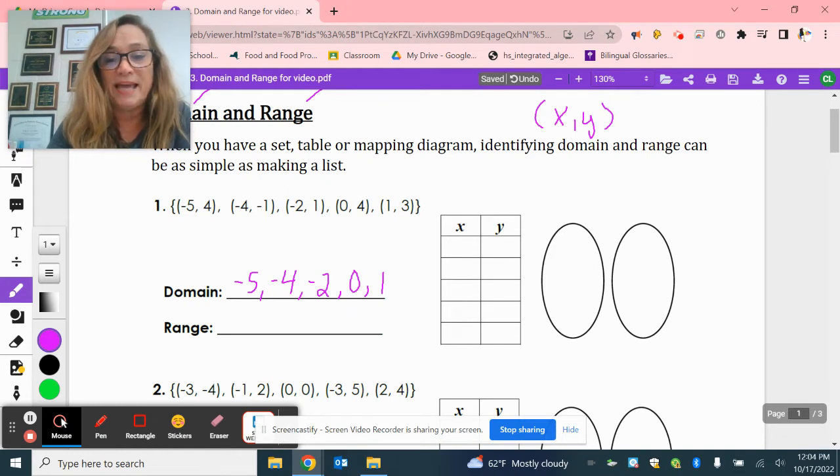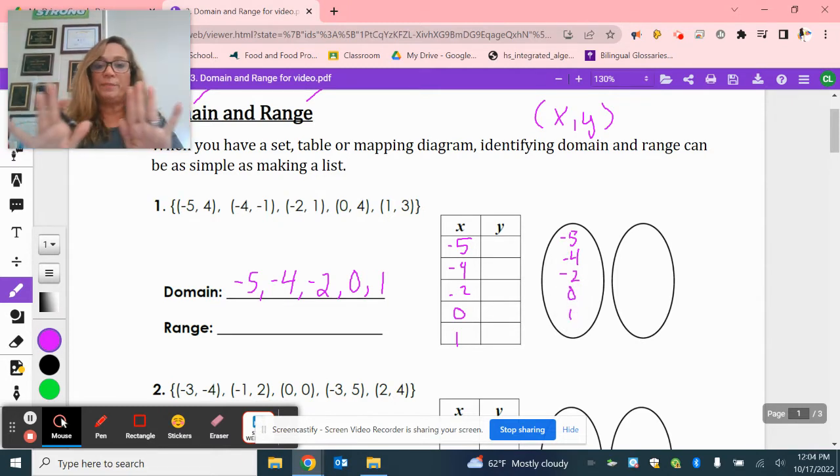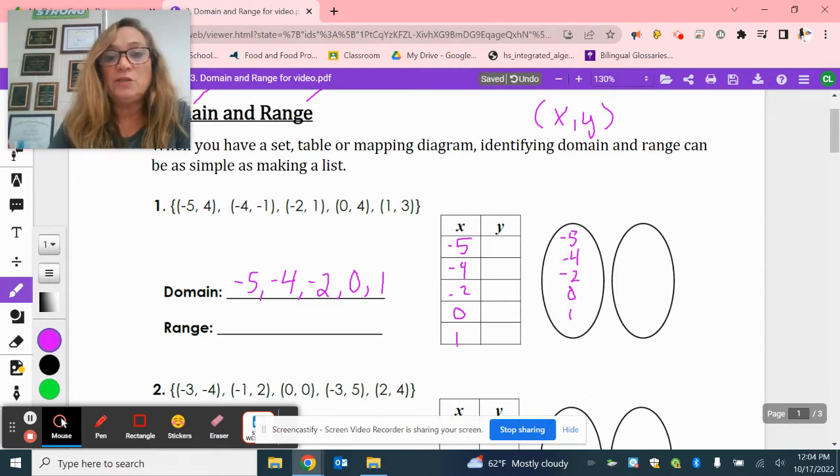Domain is the X, so you can also put it in the X column, or in the first oval for your mapping diagram. Those would all be similar places that you would put domain. So domain is the set of X's, the input.